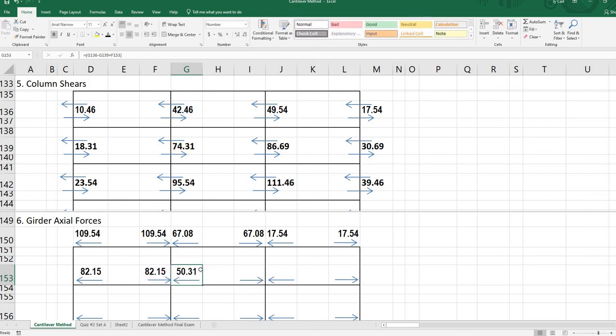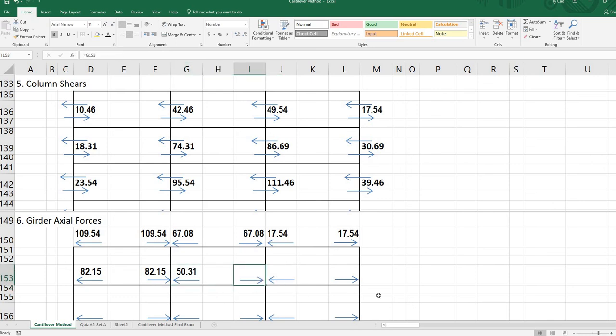So, delete ko muna yan. Oh no, sorry. Equal to, so 82.15. Ayun, plus pala ito. Plus 42.46 minus 74.31. Yan. Okay, so tumama na tayo.